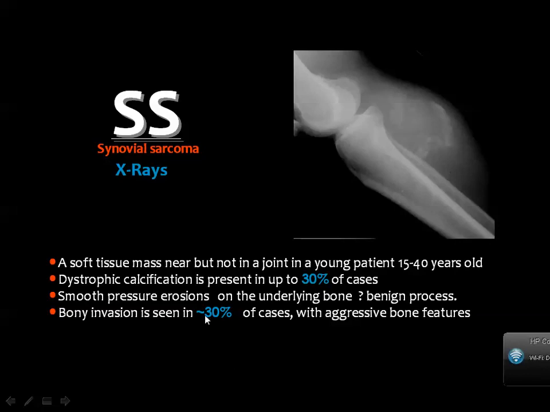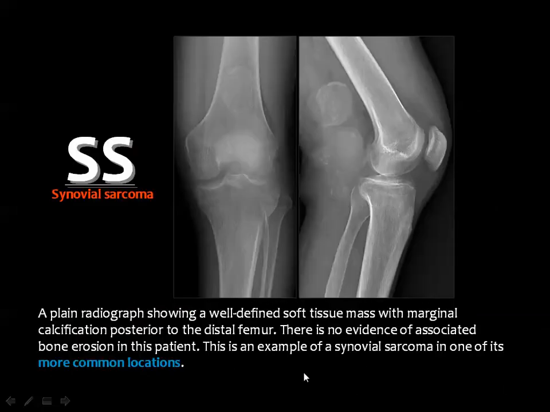Bony invasion is seen in 30% of the cases with aggressive bone destruction. And this is a common location and the common appearance of synovial sarcoma: a lesion located in the back of the knee containing some matrix calcification with no significant bony changes of the related bones.